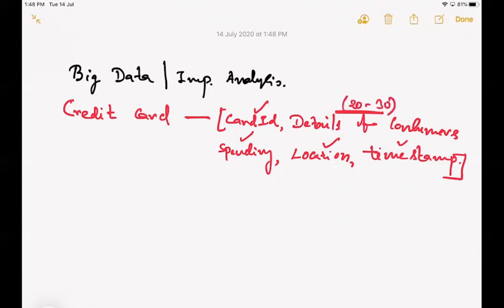Now, assuming that this particular credit card company has got 30,000 customers or consumers enrolled for their credit card or using the credit card. Now, what we're going to also understand here is these 30,000 people can have 5 days a week, and every day they're going to have 10 transactions.